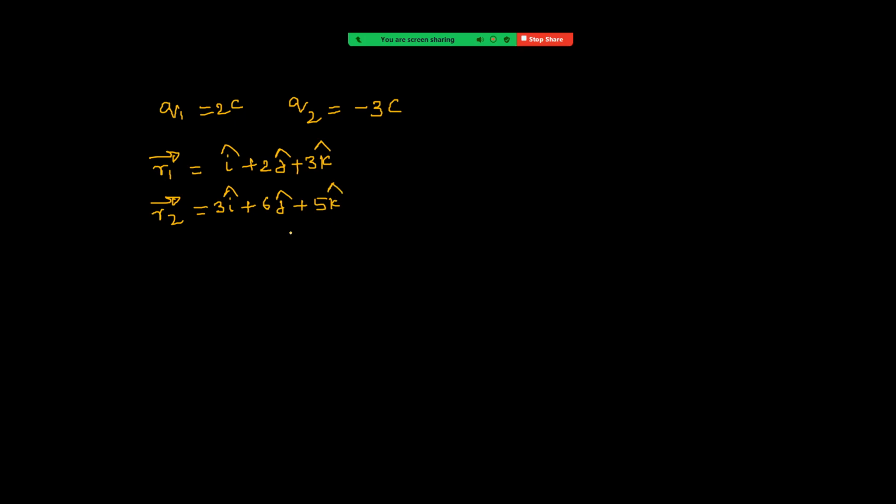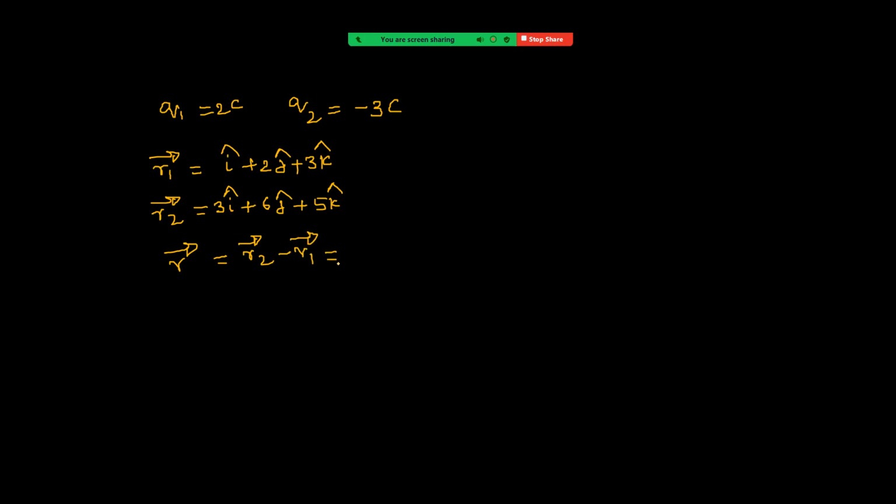So first we find the force acting on Q2 by Q1. So we want the position vector of Q2 with respect to Q1. I am writing here R bar equal to the position vector of Q2 with respect to Q1. So R bar equals R2 bar minus R1 bar.